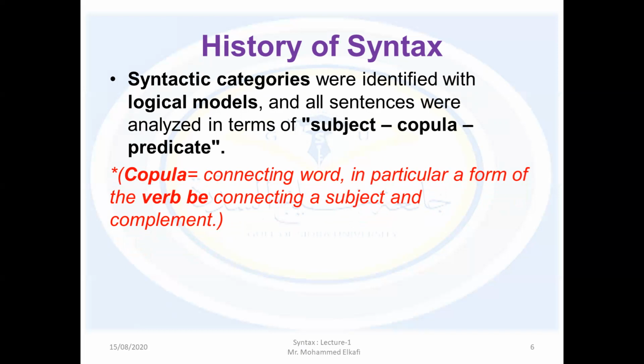And I think you know the verb to be. What do we mean with verb to be? Here we have am, is, and are. Okay, this is the base form of the verb to be, and we know that they come before complements.